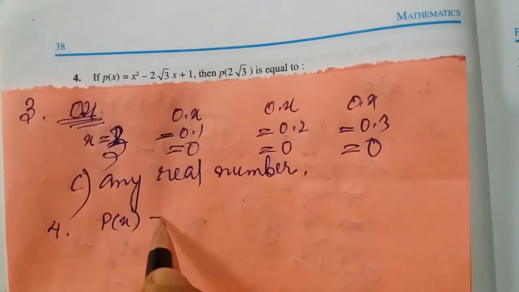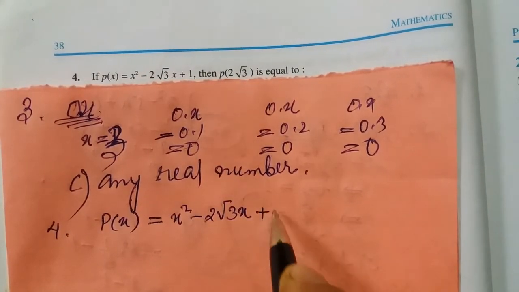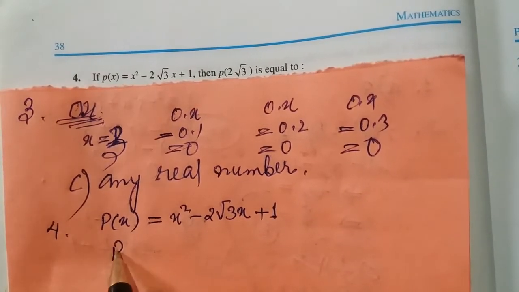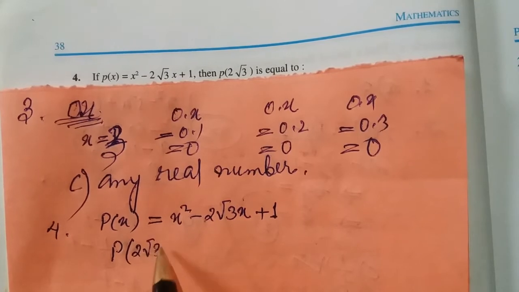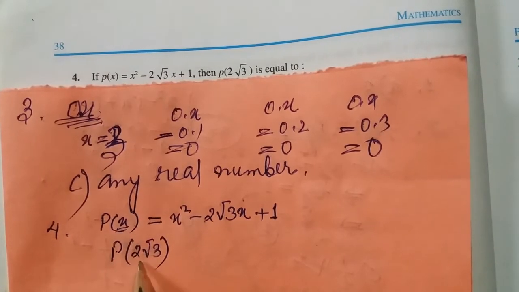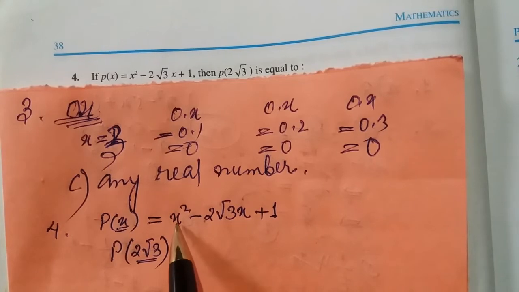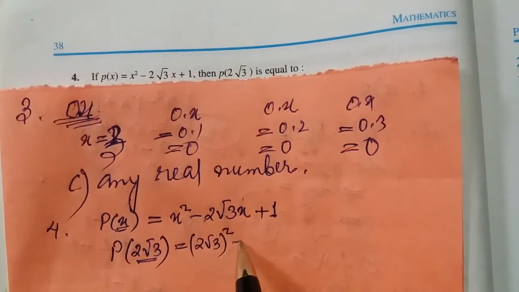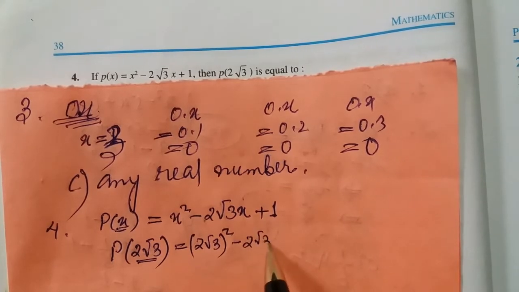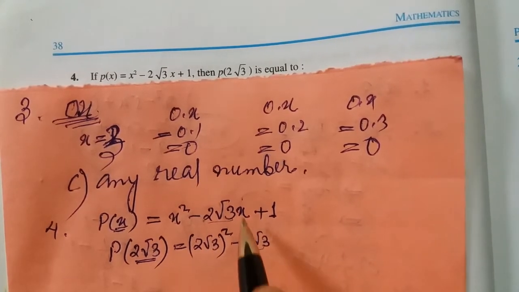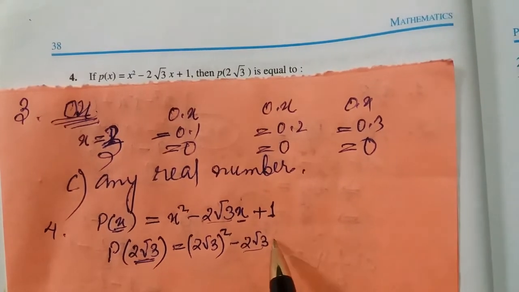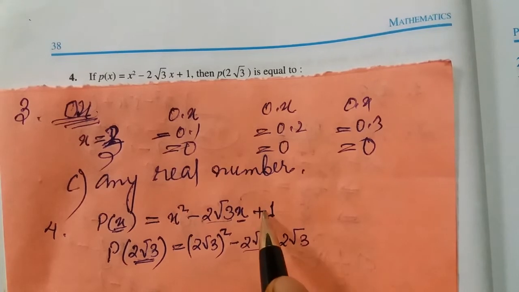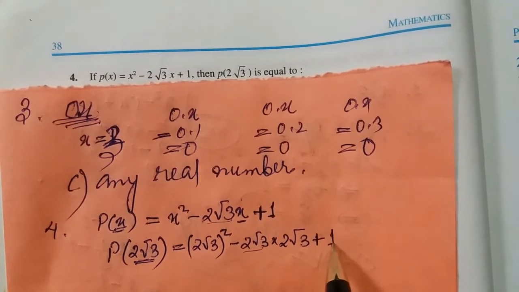This is the given polynomial, and we have to find p(2 root 3), which means we have to replace x with 2 root 3. So let's replace: (2 root 3) whole square minus 2 root 3 into 2 root 3 plus 1.